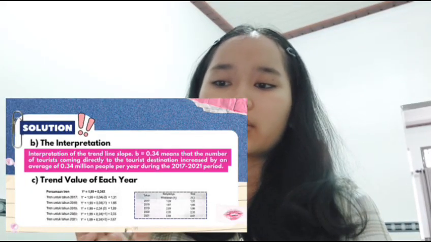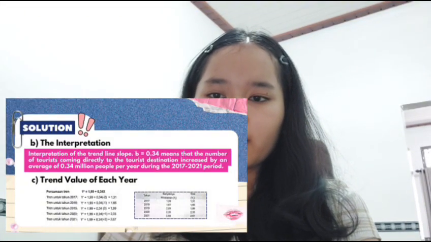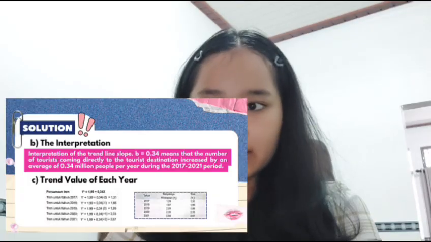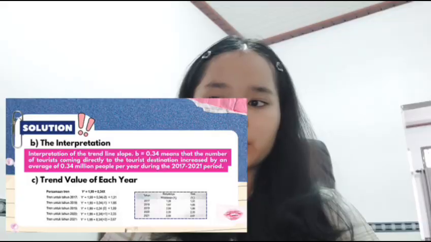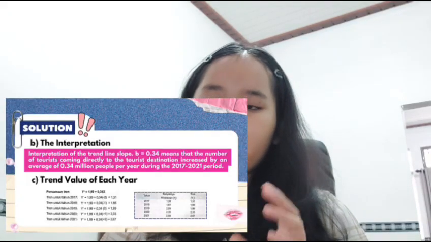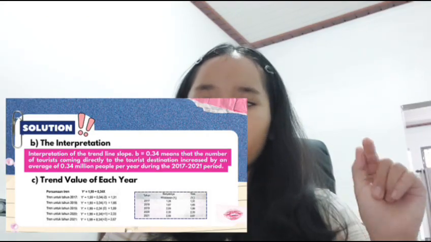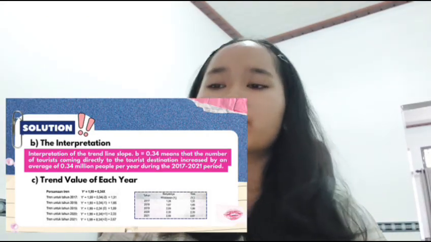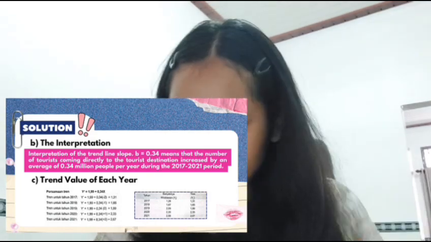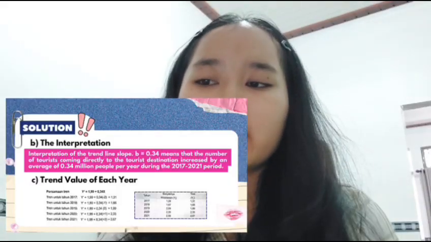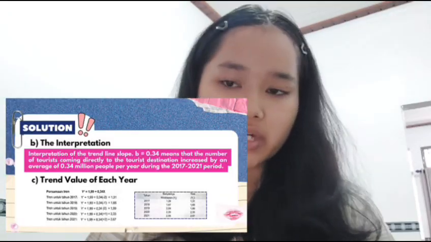So for 2017, the x is -2, so we change the x into -2, like y equals 1.99 plus 0.34 times -2, and the result will be 1.31, and further into the next years. And there's the table of the results where we searched the trend value of each year.